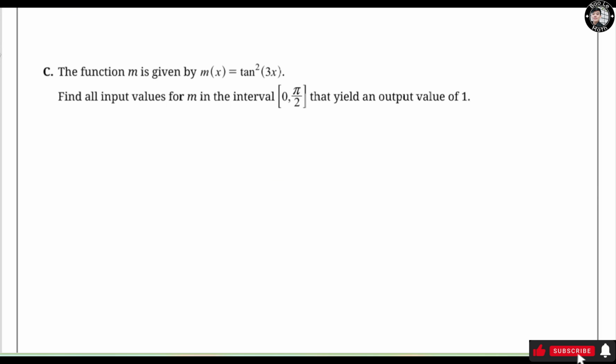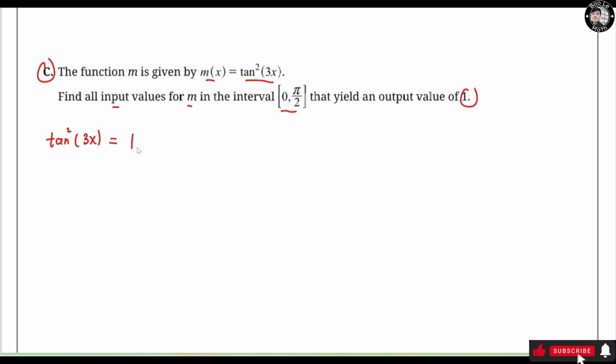Now question C. The function m is given by m of s equals tangent squared of 3s. Find all input values for m in the interval 0 to pi over 2 that yield an output value of 1, right? So technically, we need to solve the equation tangent squared of 3s equals 1, right?